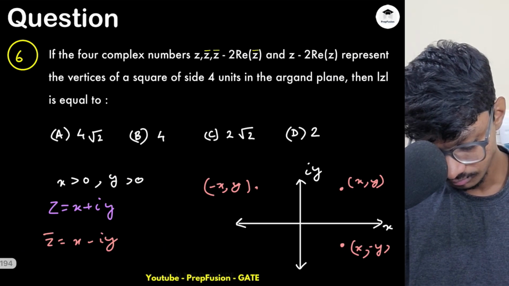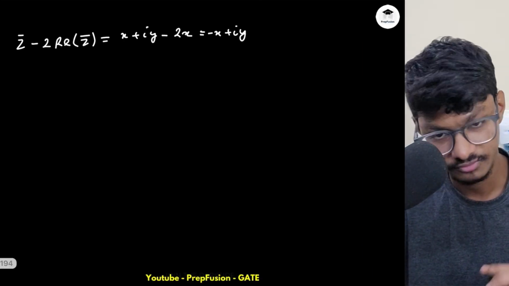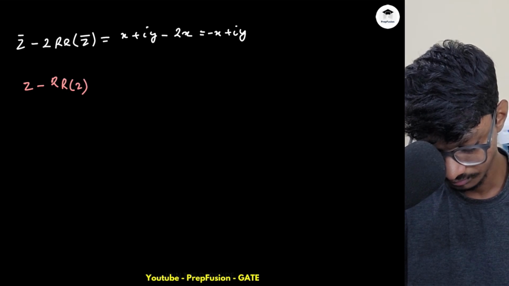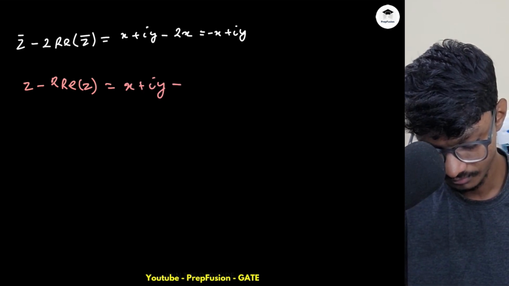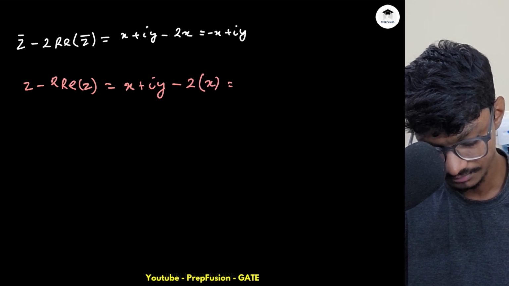What about this case? It is z minus 2 times real of z. So z minus 2 times real of z is what? So z is x plus iy, and real of z is what? Again x.